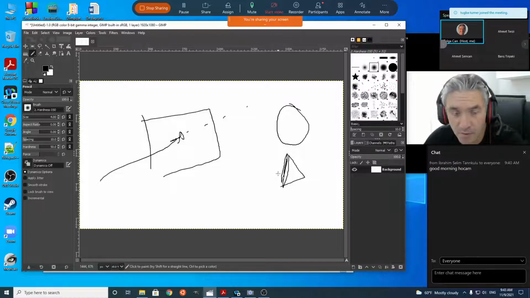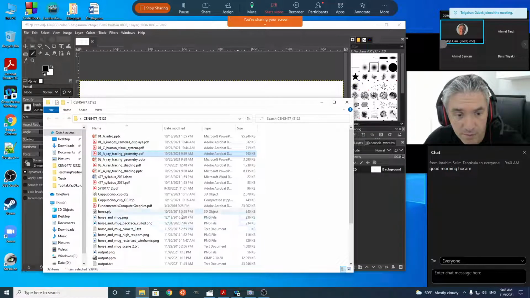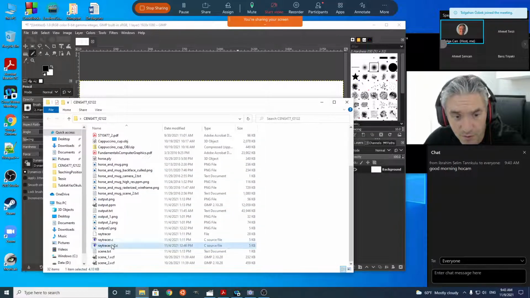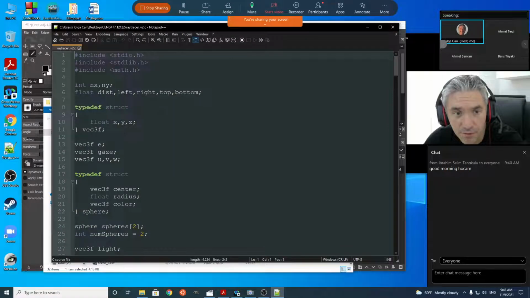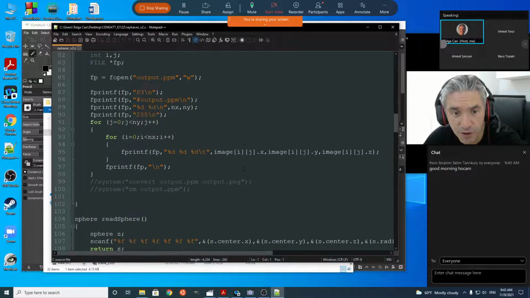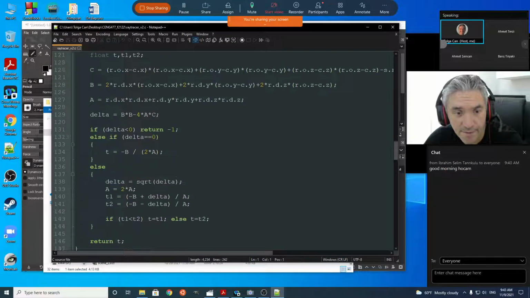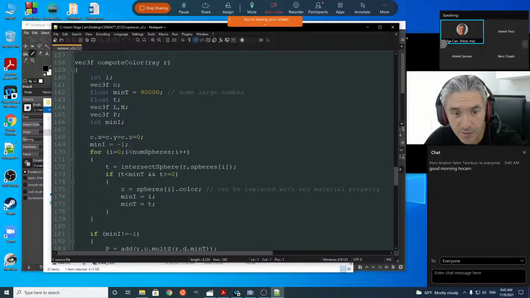By the way, before we start, do you have any questions about the assignment or about the ray tracing algorithm so far? I shared with you the code, the version 2 version, in which we have to do this check in color computation.